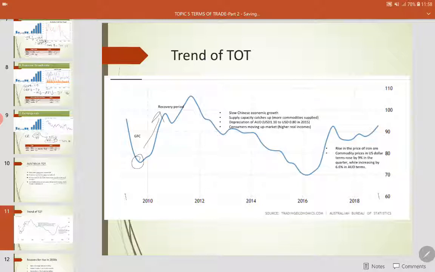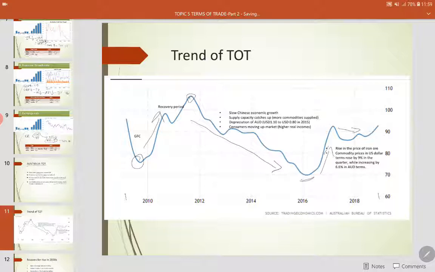It went up to a peak during 2011, recovery period from 2010, then an uptrend. From late 2011, we can see a decline, and then it went to a very low point in 2016. It picked up again, and then fluctuated at a lower rate. We're going to discuss each reason why it happens.